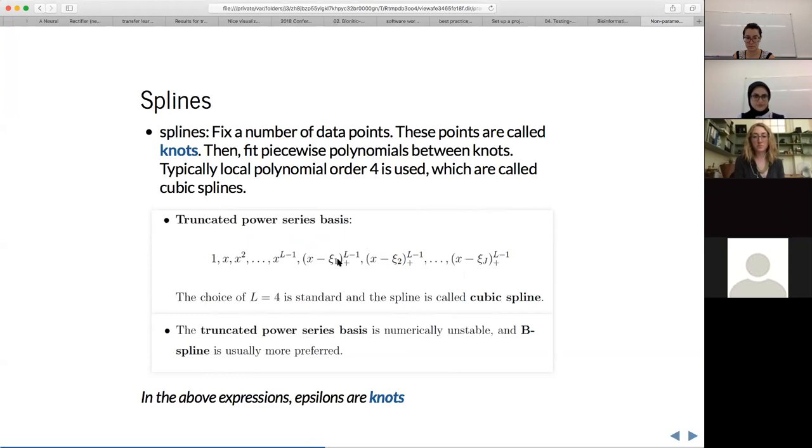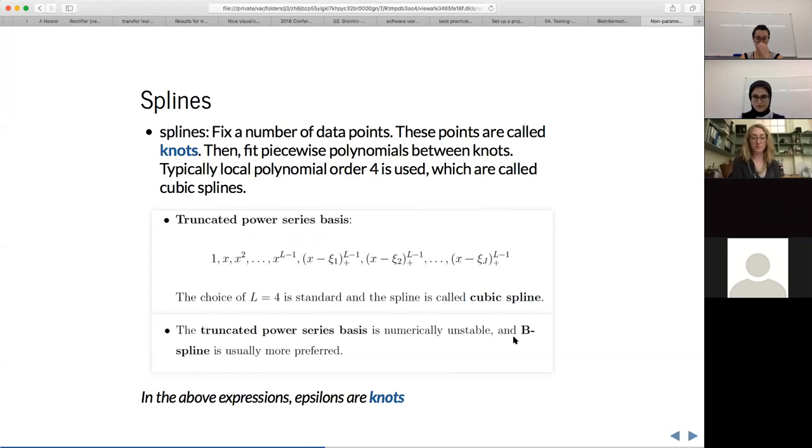These are called truncated power series bases, but they are found to be numerically unstable, and so B-splines are more preferred.